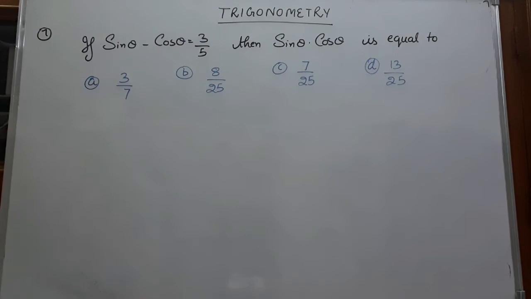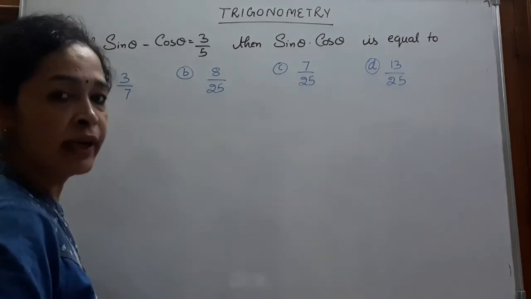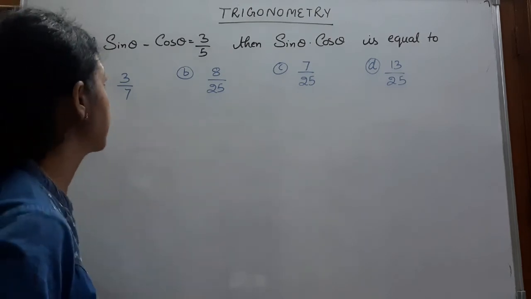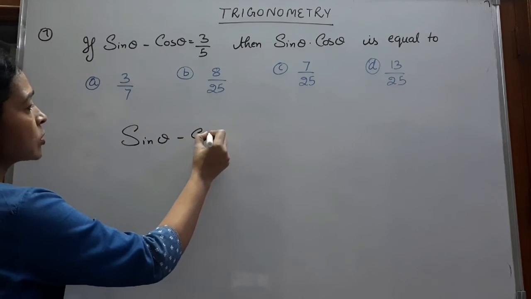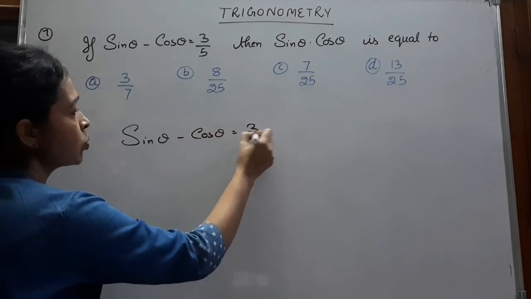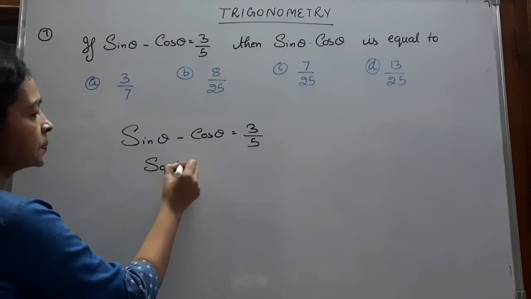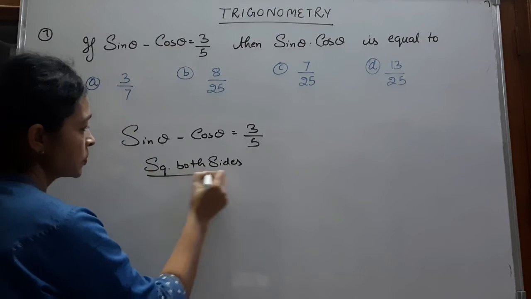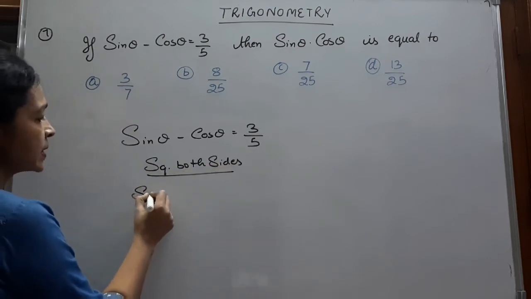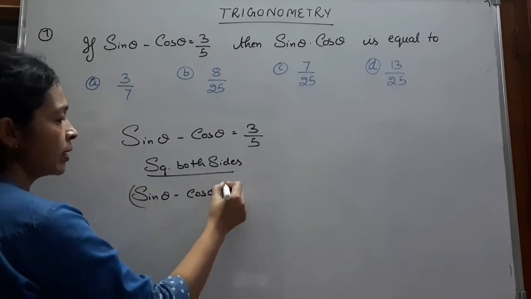If sin theta minus cos theta equals 3 by 5, we have to find the value of sin theta into cos theta. What is given? Sin theta minus cos theta equals 3 by 5. Squaring both sides, we have sin theta minus cos theta whole square.